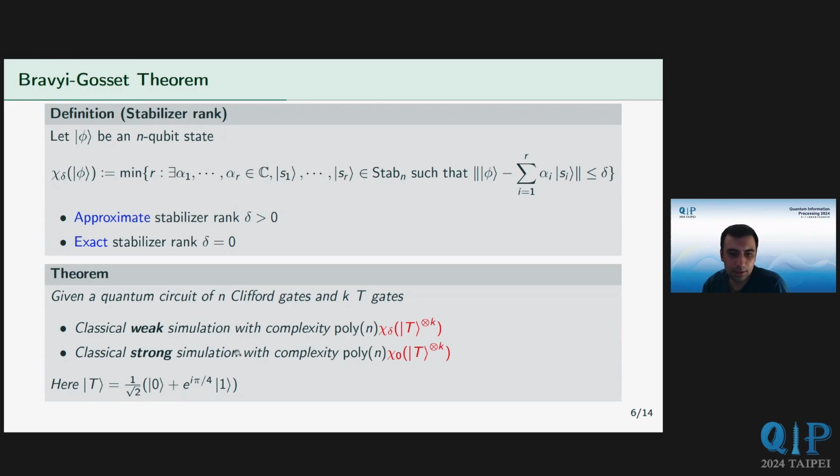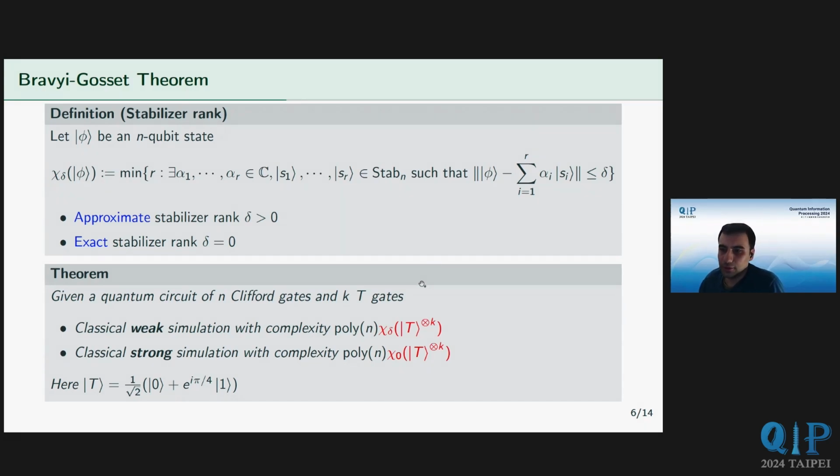And you can do the strong simulation in time complexity polynomial in n and the exact rank of T to the k. So this approximate and exact stabilizer rank of the magic state appears in the performance of this particular simulation algorithm, which is one of the most important simulation algorithms. And it's important to have some understanding of how it behaves with respect to this parameter k.